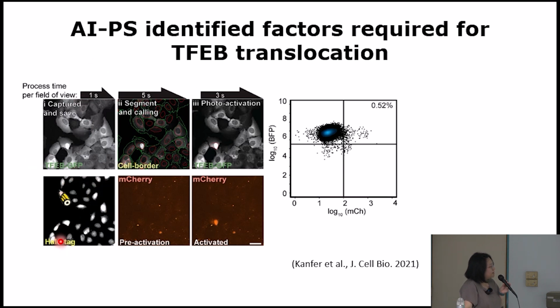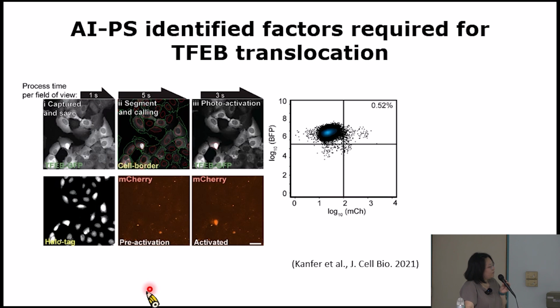It took about 1 second for the microscope to collect the image, and only about 5 seconds for the AI to automatically segment the image and define where the nucleus is versus where the cytosol is. They can also calculate how much TFAB signal is in the nucleus versus in the cytosol for you. So after 5 seconds, the program can already identify this cell with the nuclear TFAB signal, and you would then photoactivate this cell.